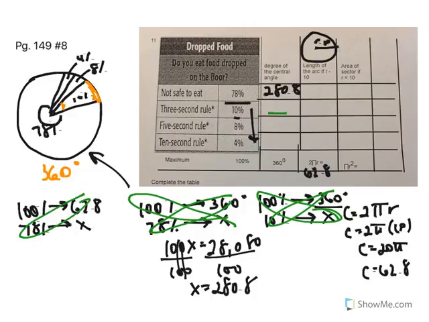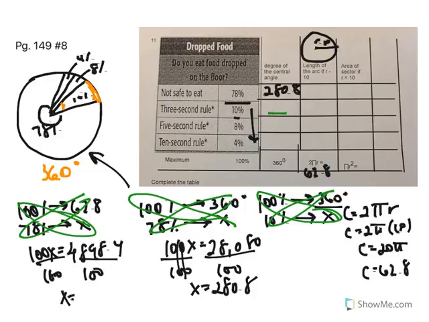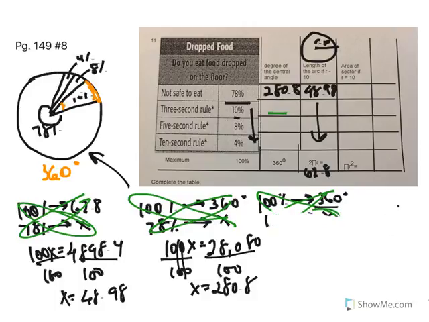Now we cross multiply and we get 100x equals... divide both sides by 100. We get 48.98. Okay? And then you would do the same thing for the rest of the percentage points in this column. I'm just going to erase this because I'm out of room, okay?